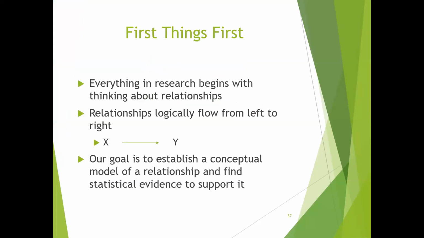So I want us to step back to the beginning of our time together today, to this thing called an independent variable and a dependent variable, X and Y. Once more, when we talk about relationships graphically, we're talking about relationships that flow from left to right, where X is the independent variable and Y is the dependent variable.